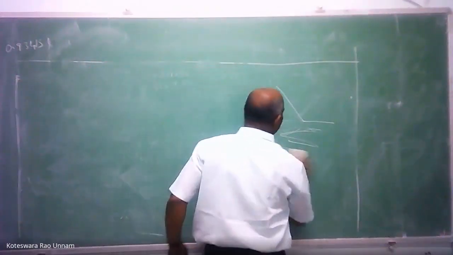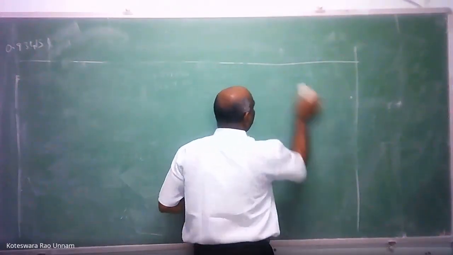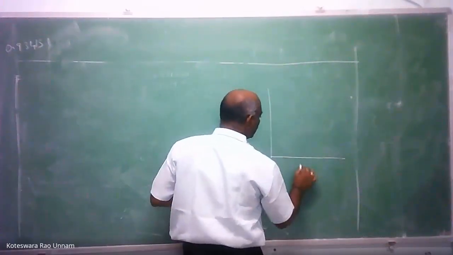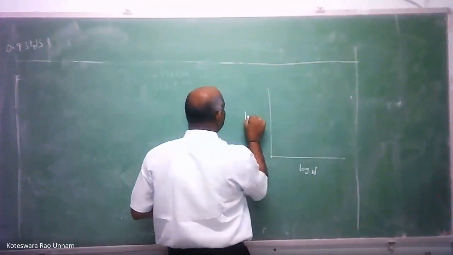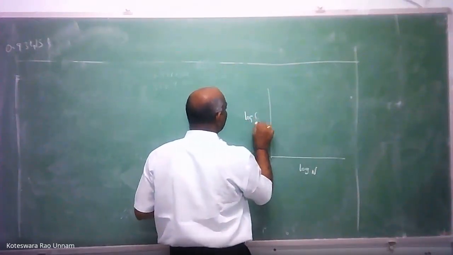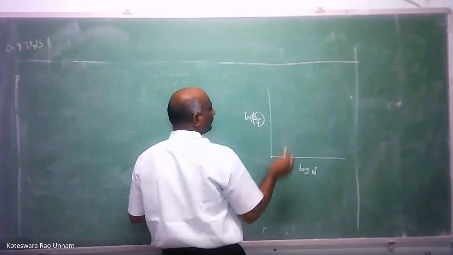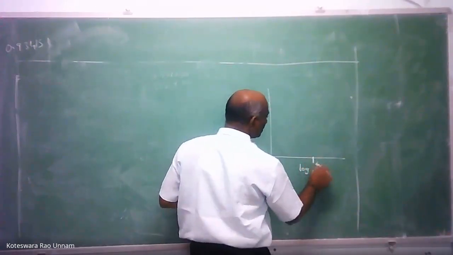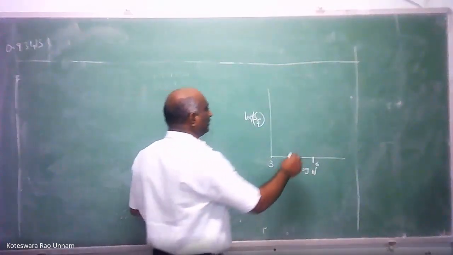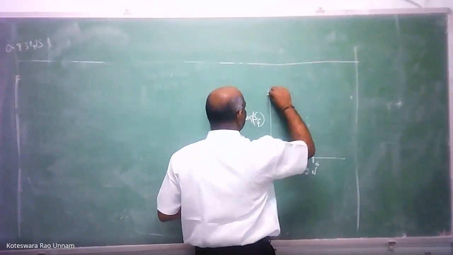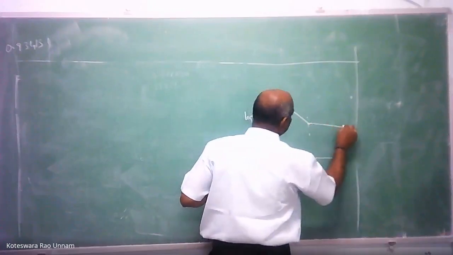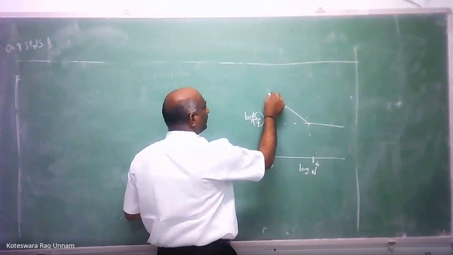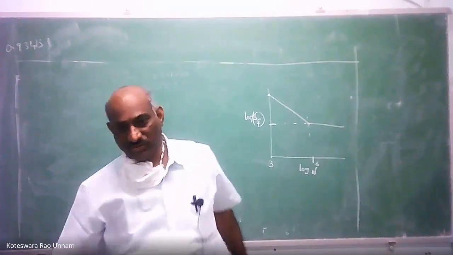Okay, if I draw this diagram clearly, it looks like this. Here log N, here log SF. I'll start with 3 and 6, 10 power 6 corresponding to your SE value. I can join this line something like this. This point is corresponding to your SE and this point corresponding to 0.9 SUT.